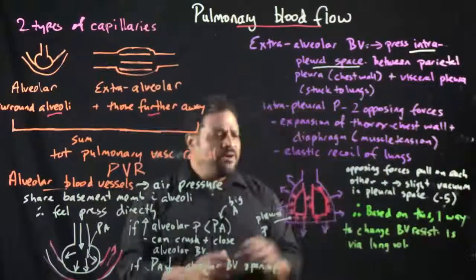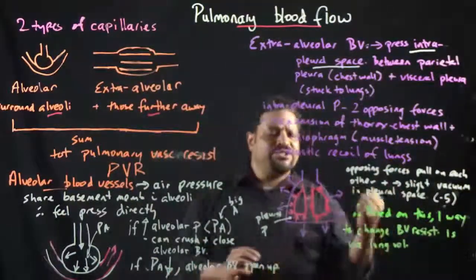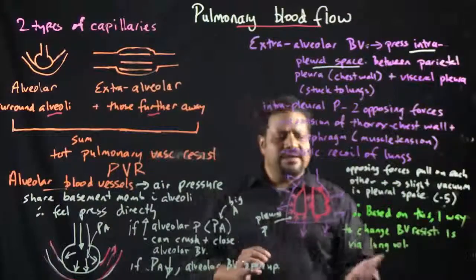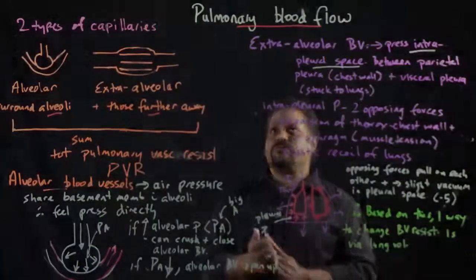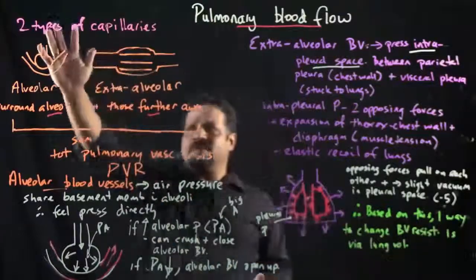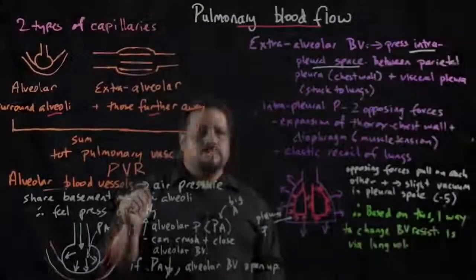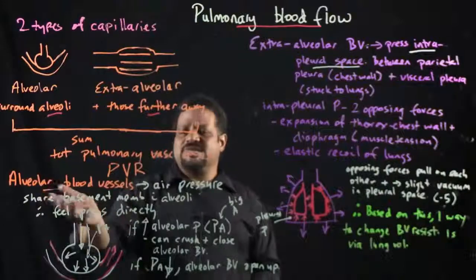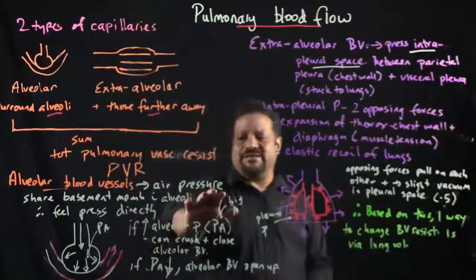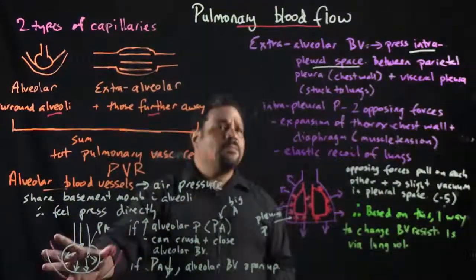Based on this, one way that you can change the blood vessel resistance is through lung volume. So we have two types of capillaries, the alveolar and the extra-alveolar capillaries. The alveolar blood vessels' resistance depends on air pressure in the alveoli, as shown in this diagram.